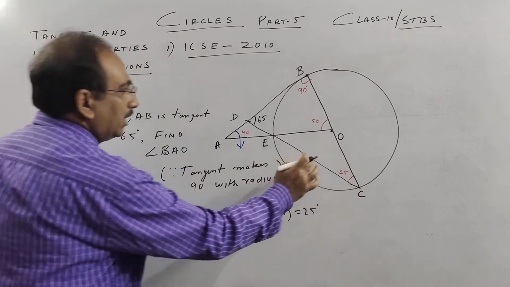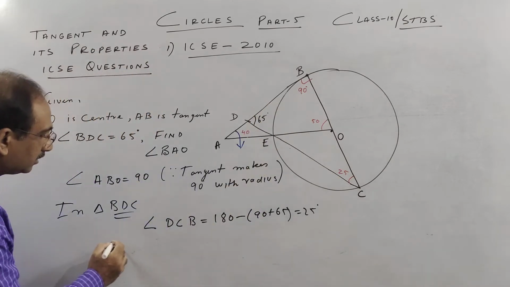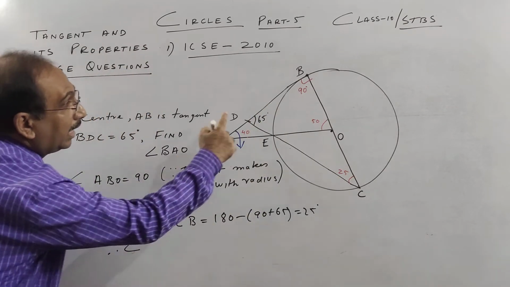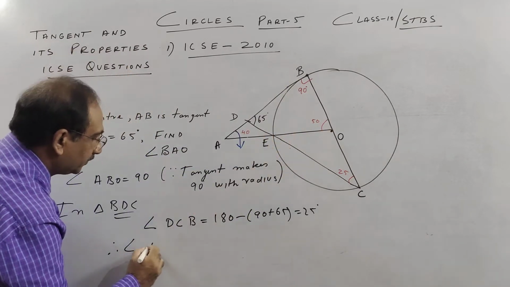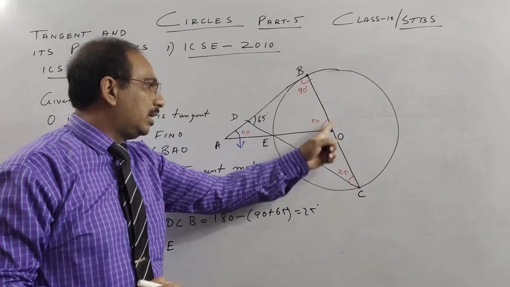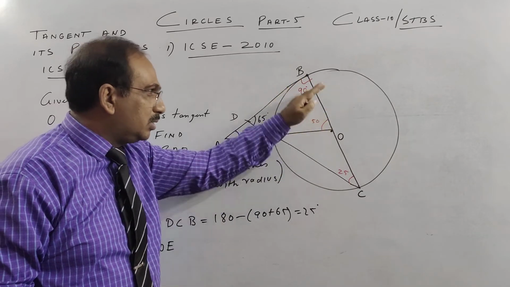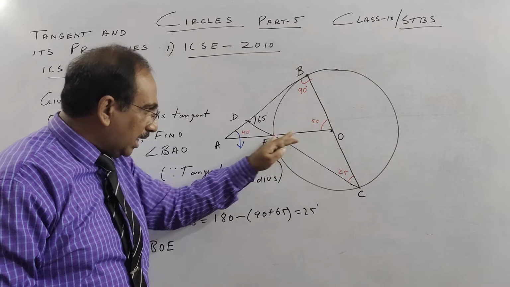Once we get 25, another theorem comes here. This is the first theorem: angle at the center is double. Therefore, angle BOE, and one very important thing you will see, angle BOE is the same as angle BOA if you extend it, because it is the angle in the same segment. So this becomes 50, but this line is the same.